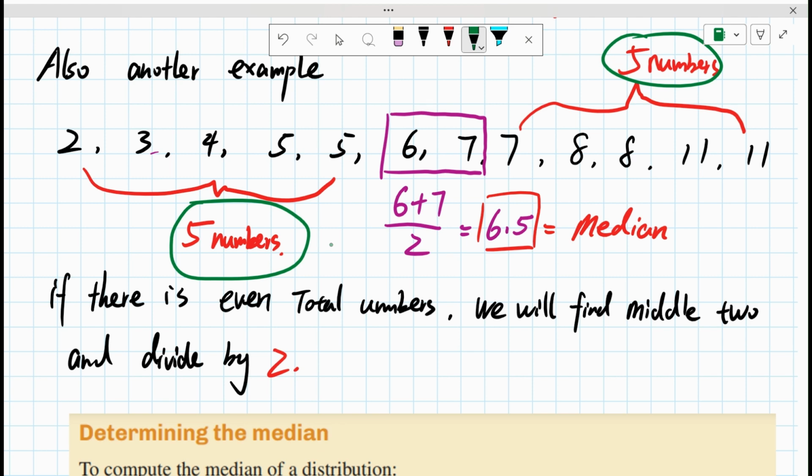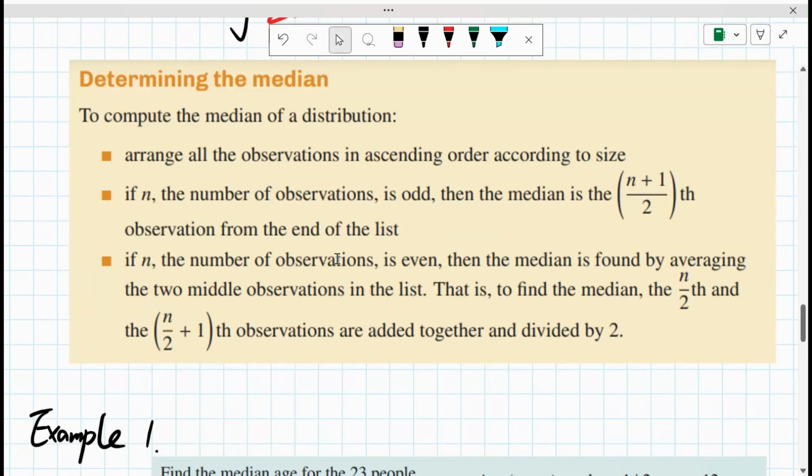Okay, so make sure you determine the order of all observations by size. You can go largest to lowest, but personally, I like lowest to largest.